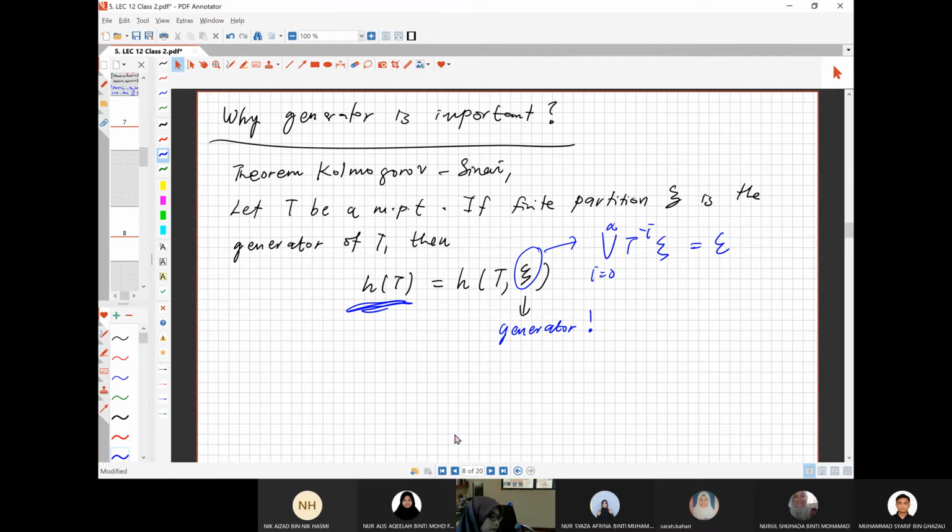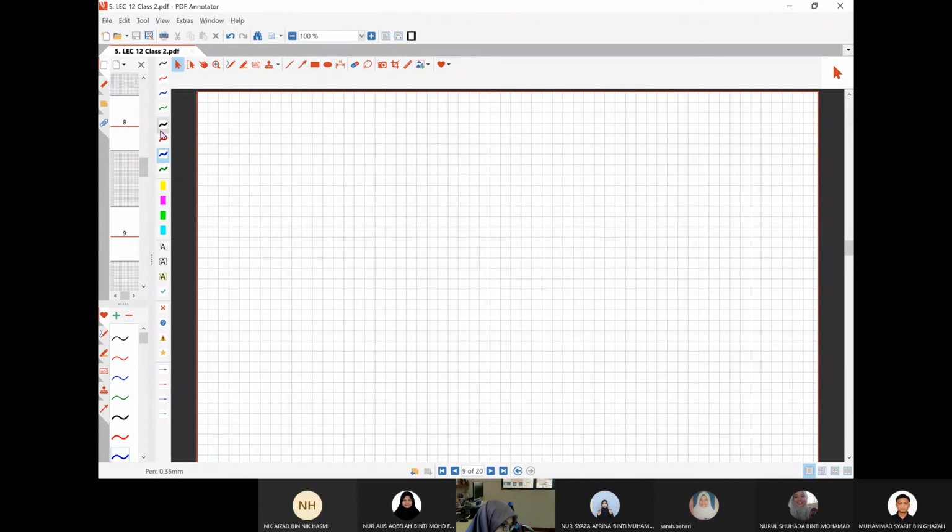Okay, example. Let X be the segment of 0, 1.